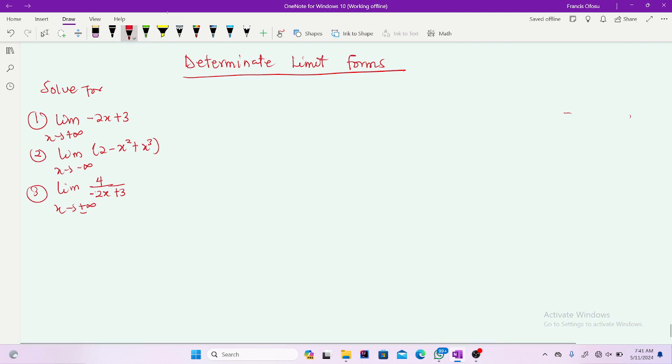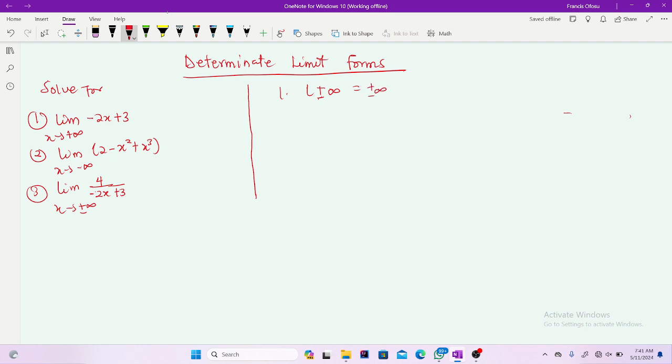For the determinate forms, I'm going to write all of them. The first one: L plus or minus infinity is always equal to plus or minus infinity.